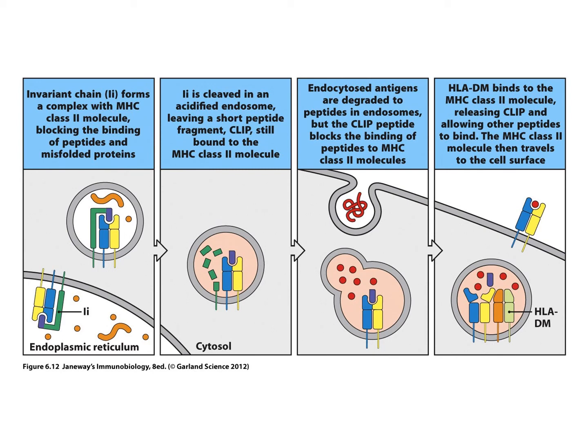Keep in mind, remember, it's going to be a triplex, or could be. As it blebs out in a vesicle, that vesicle will acidify as it binds to other acidic vesicles. The invariant chain will be degraded, leaving just CLIP in MHC class II.